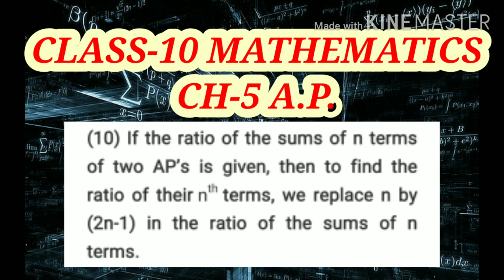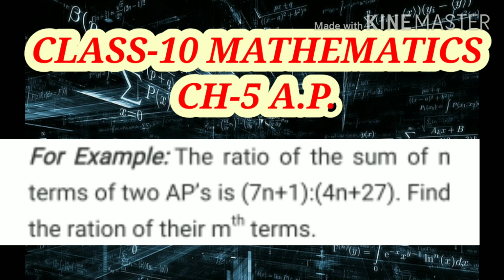Children, let me explain it more clearly by taking an example. Here is an example. There is a question that the ratio of the sum of n terms of two APs is 7n plus 1 is to 4n plus 27, and you are to find the ratio of their mth terms.